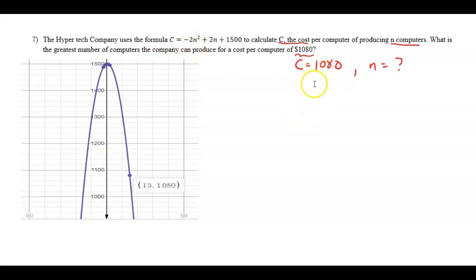Because I know C, which means I know y, I'm gonna go on the y axis and look for 1080. That's how I get my number. I first look for 1080, and once I find it, I click on it, and it showed me that x is 15. So how do I read this? If the cost is $1,080, the number of computers that can be produced is 15. So n is equal to 15.